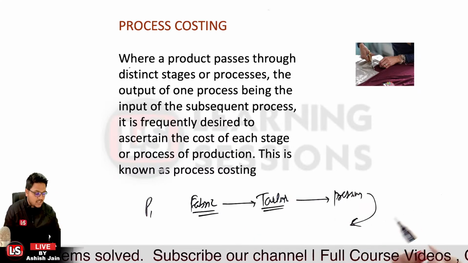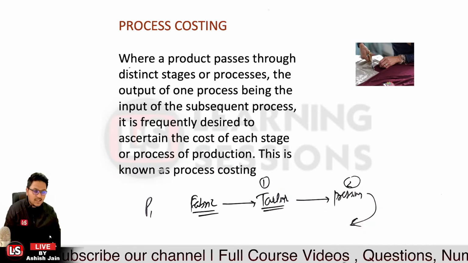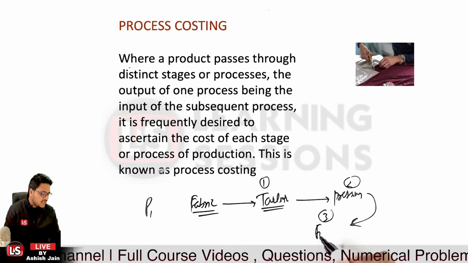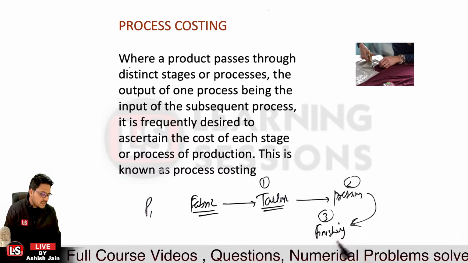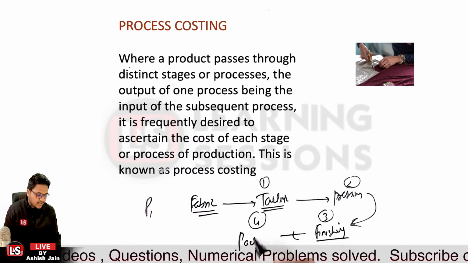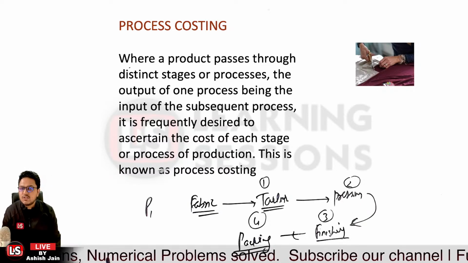This was the first stage, this was the second stage, the third one was the finishing stage, and the fourth stage was packing or packaging. So these were the 4 different stages.